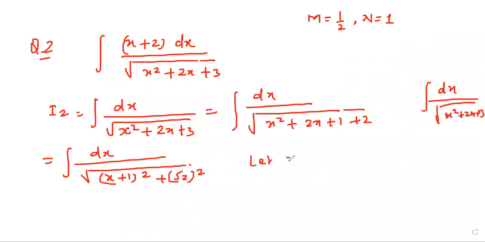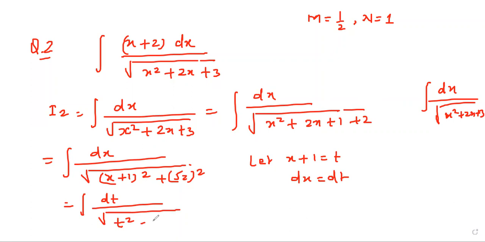Let x plus 1 equal to t, that will give dx equal to dt. So our question will become dt divided by root of t square plus root 2 square.